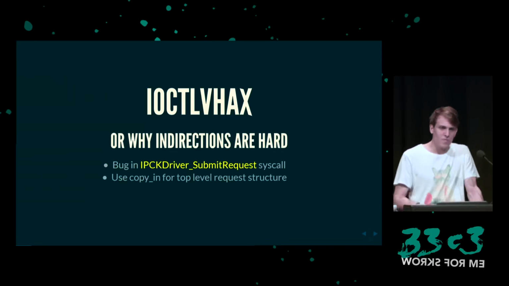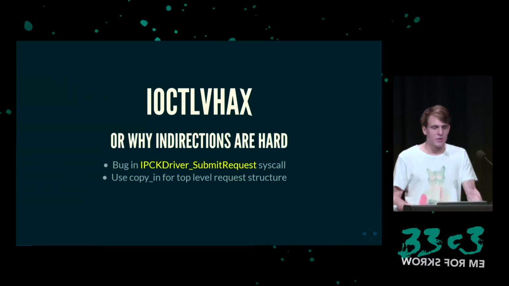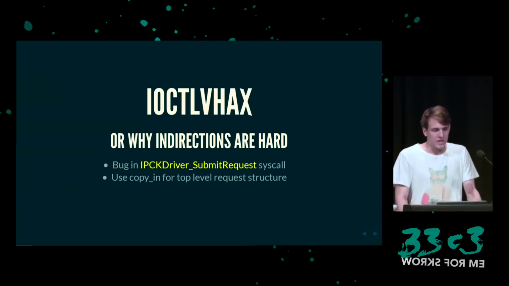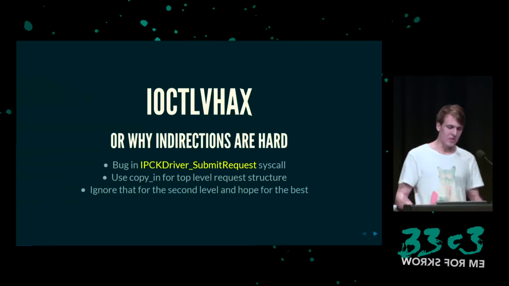And so you submit these request structures, and the kernel uses copy-in to fetch the request structure from user mode into kernel mode, but there is a certain type of request structure which contains an indirection, like a second layer, right? And well, they just ignore that for the second level and hope for the best.